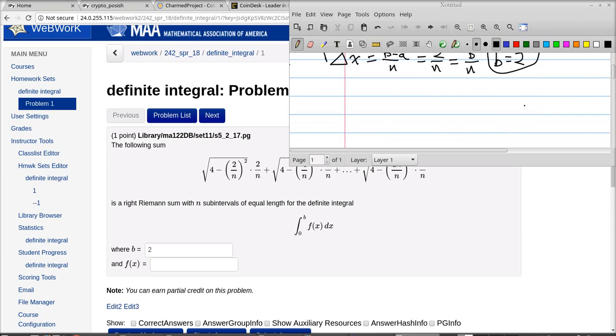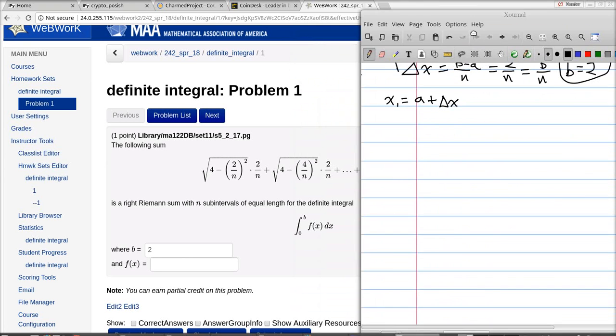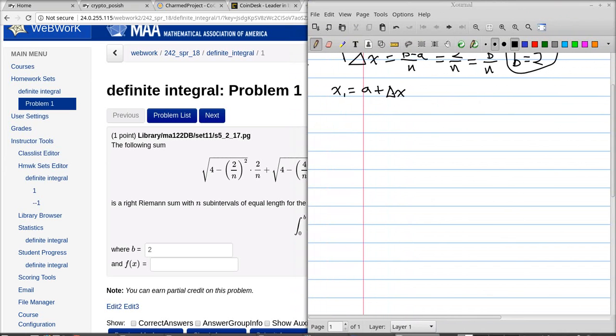So we have to find the function f. One thing we can do is look at x1. So x1 is a plus delta x, just by definition. And because this is supposed to be a right-hand sum, it's not logically necessary, but it's very likely that this first one here is f of x1.